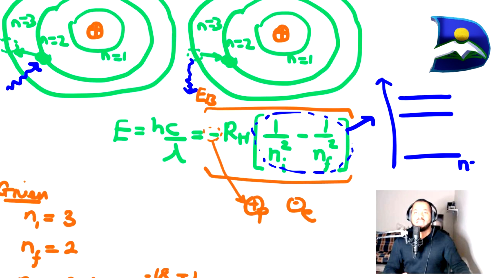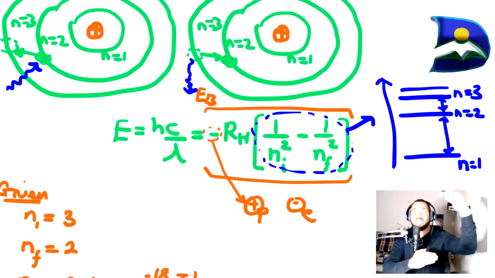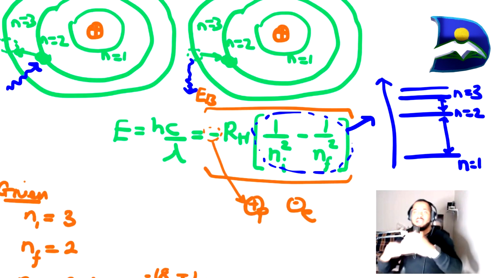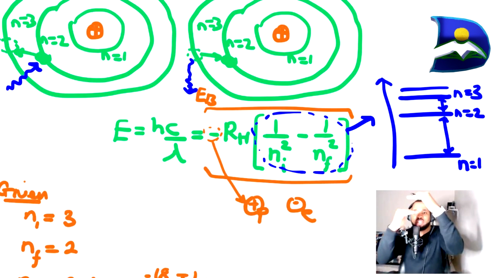From n equals 1 to n equals 2, the energy gap is much bigger than going from n equals 2 to n equals 3, and so on, and the gap gets smaller. Therefore, as you increase in the radius of the atom, you have a decrease in the energy gap as you go from one energy level to another.